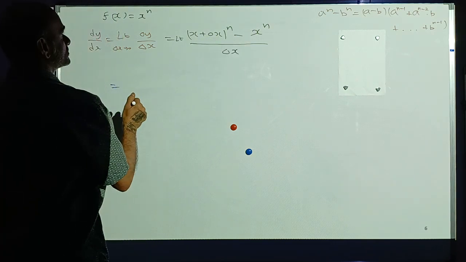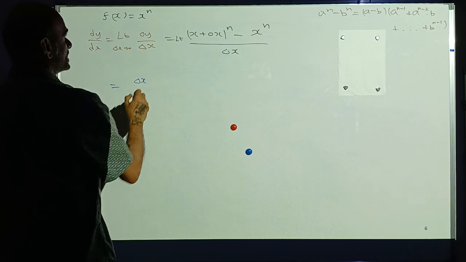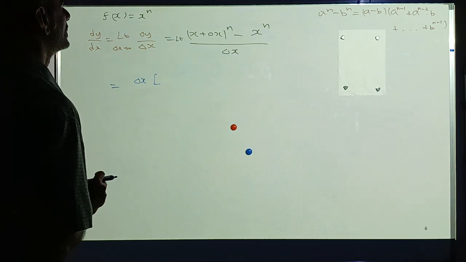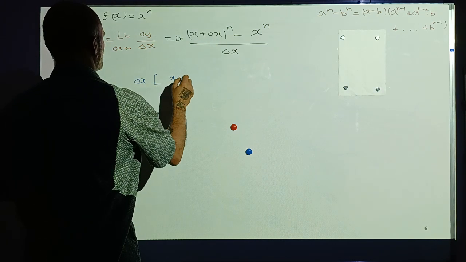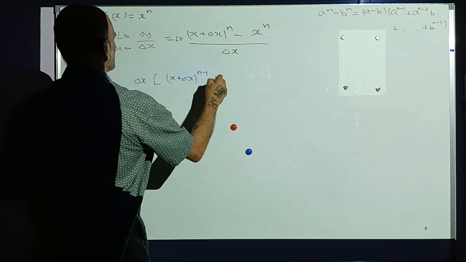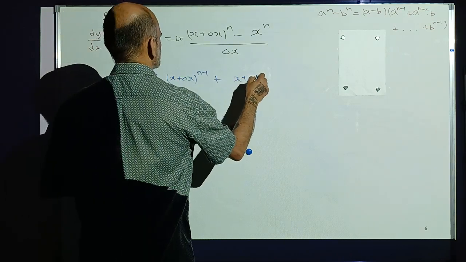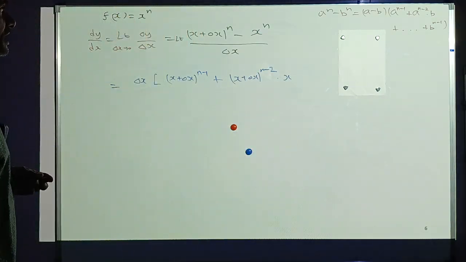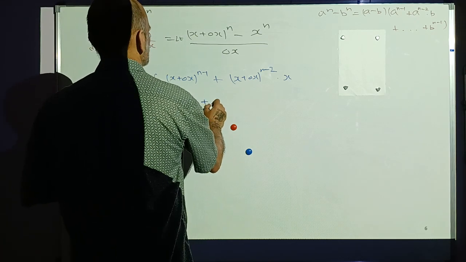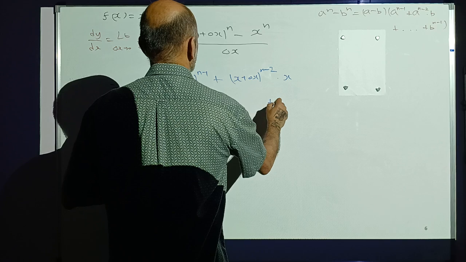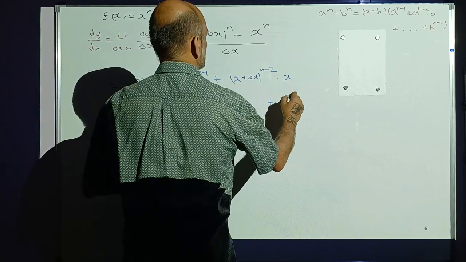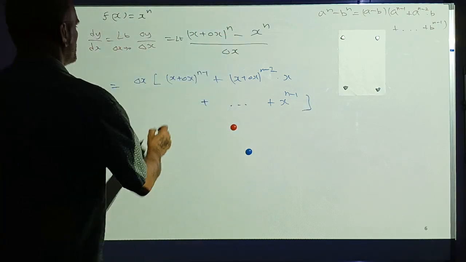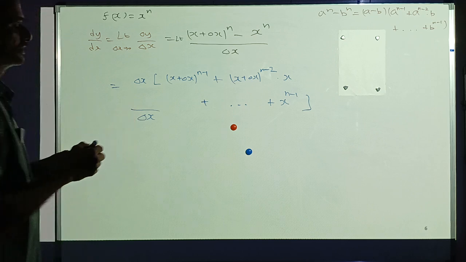So a minus b is delta x, into a raised to the power n minus 1 plus a raised to the power n minus 2, and then this b will start appearing, plus, the last term will be x raised to the power n minus 1, divided by delta x, which will get cancelled.